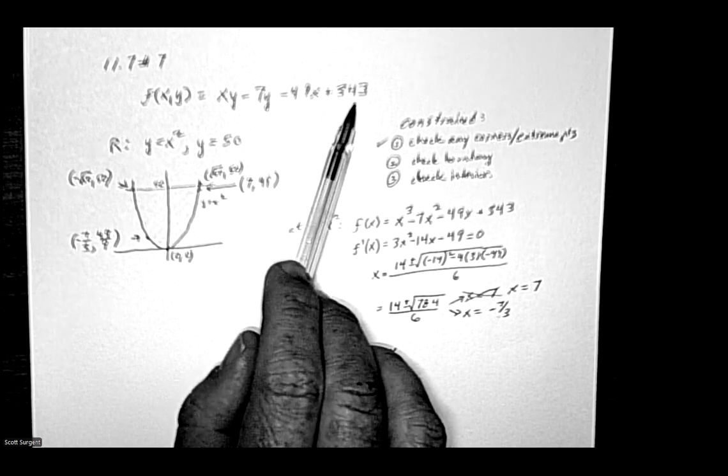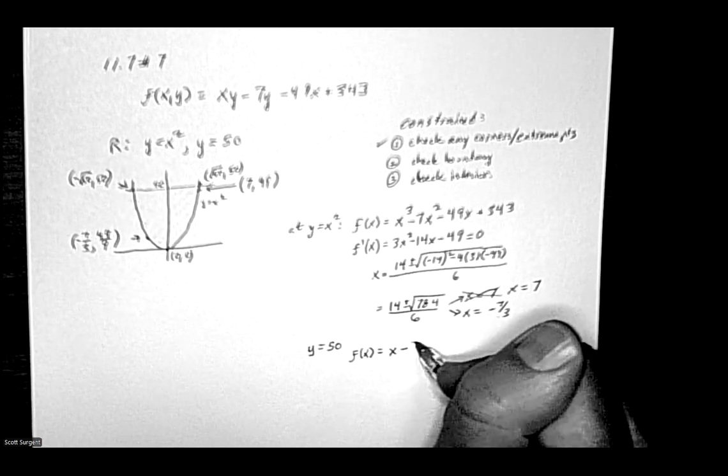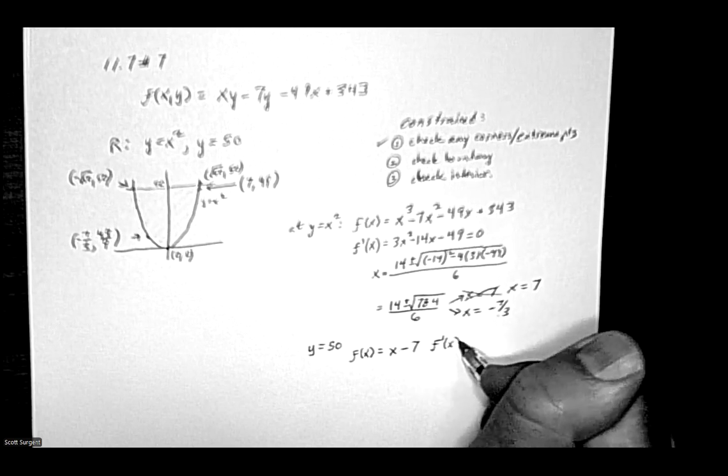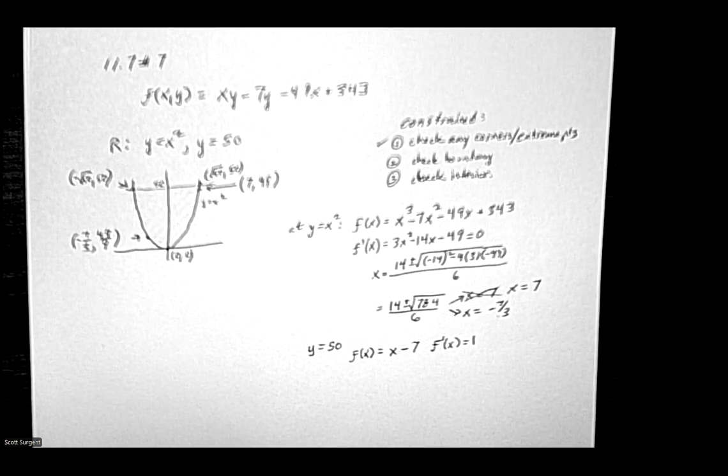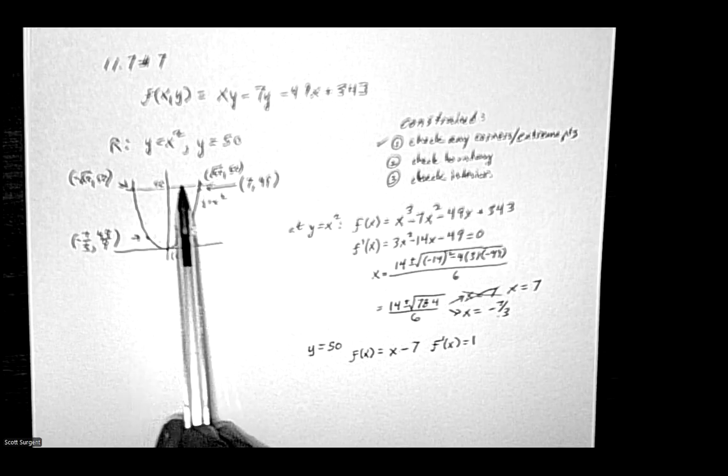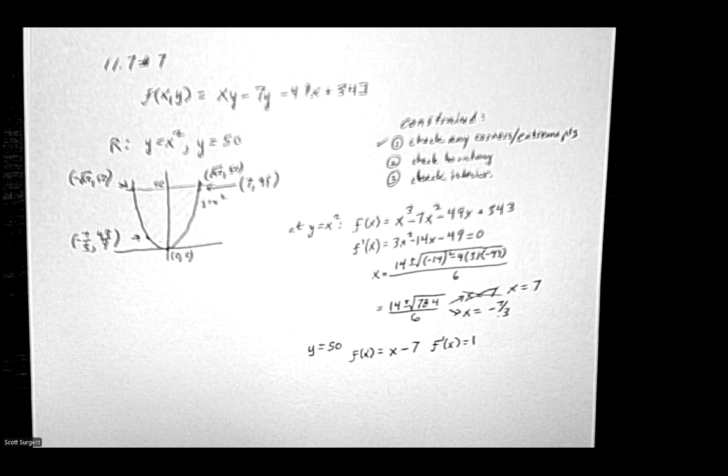Negative 350 plus 343 is negative 7. But when you take the derivative of that, you just get 1, and that doesn't help you any. You don't have any critical points. You'll just end up getting the endpoints again. So that gives you nowhere.